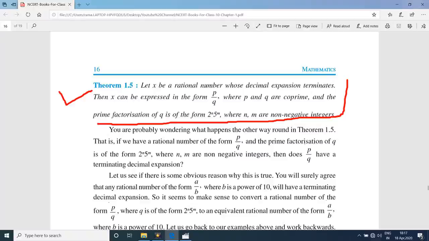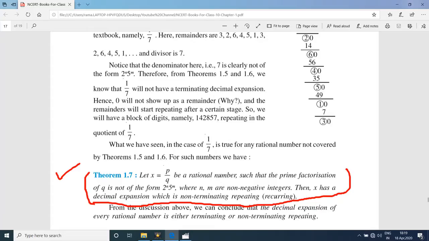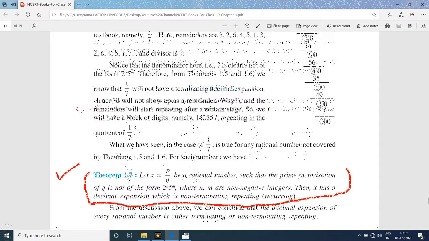So 1.5 says if it is terminating, then it is of the form 2 raised to n into 5 raised to m. 1.6 says if it is 2 raised to n into 5 raised to m, then it is terminating. 1.7 says if for a rational number x, the denominator is not following the pattern 2 raised to n into 5 raised to m, then the decimal expansion will be non-terminating but recurring.